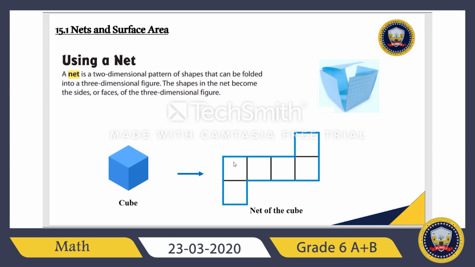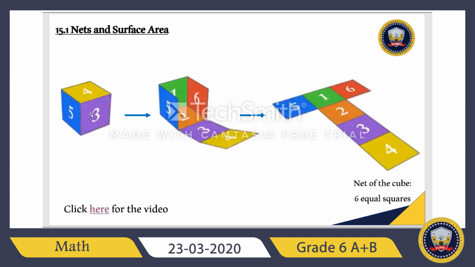You have these shapes in the net that become the sides and faces. The cube has 6 faces. When I open it, this net for the cube will contain 6 squares, and they are all equal squares.